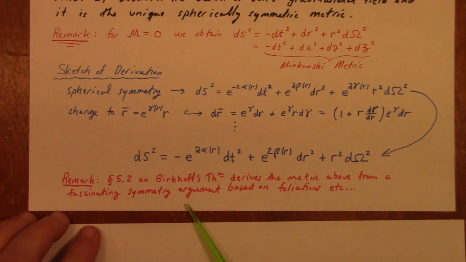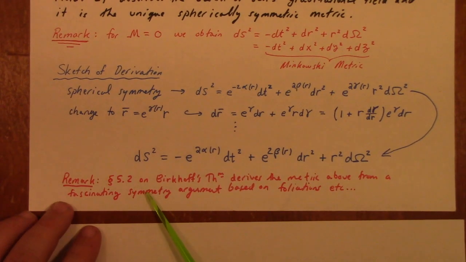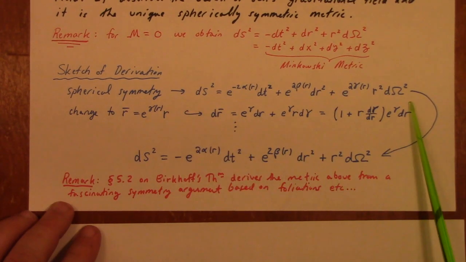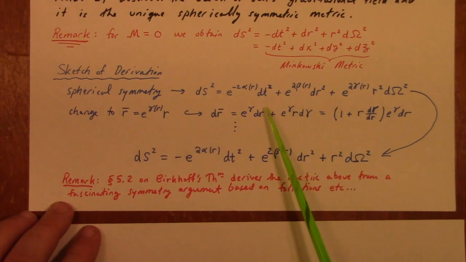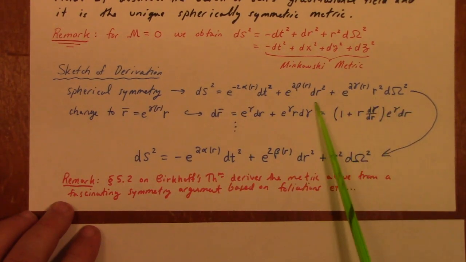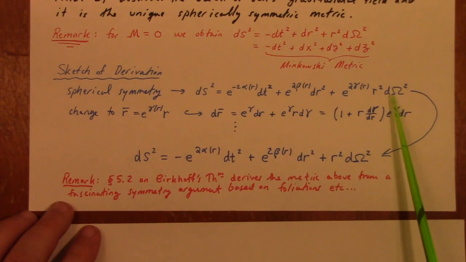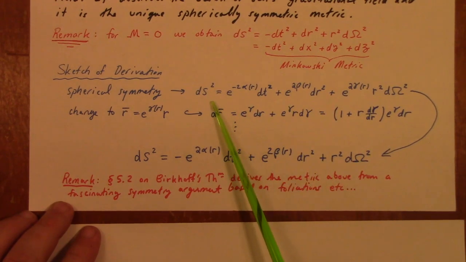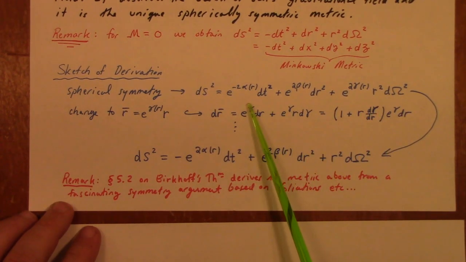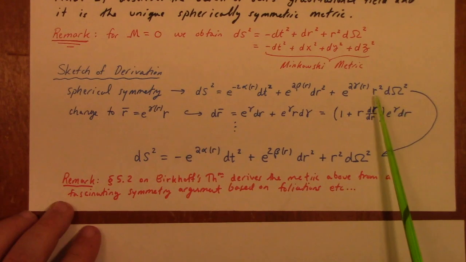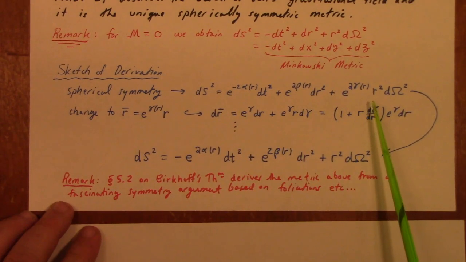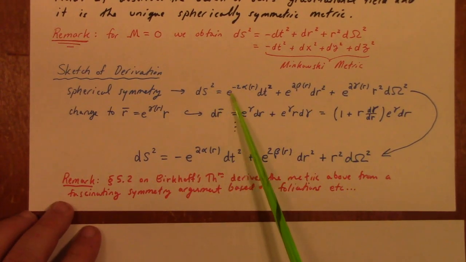And as I was mentioning, he actually uses Birkhoff's theorem in section 5.2 to get to this form to start with. So he gives the orthogonality arguments and all that. He goes through some rather deep and beautiful ideas about how to construct coordinates in 4 dimensions from a symmetry principle to get to this form.